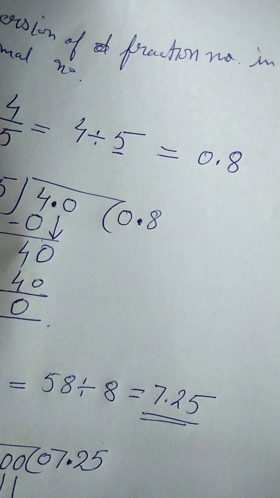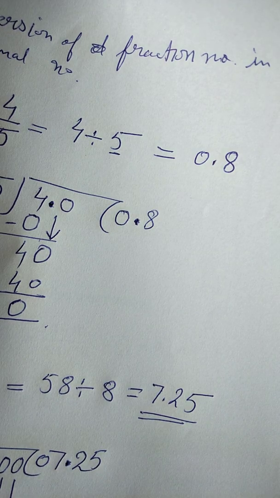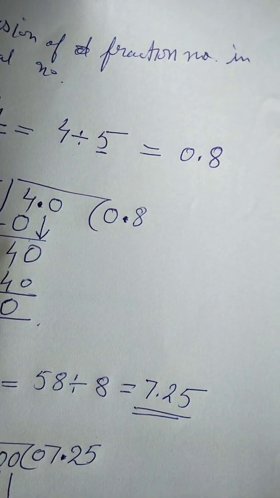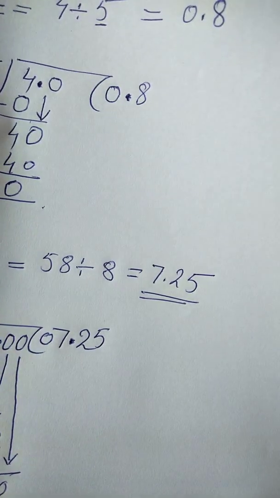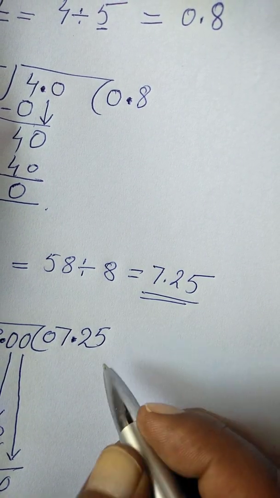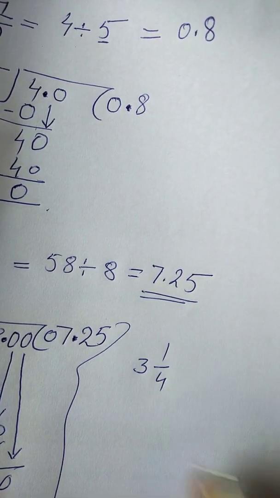So well students, in this way we can convert a fraction number into decimal number. Now let us suppose I have a mixed number instead of a fraction number. So how can I convert the mixed number into decimal number? Let us take an example. 3 whole 1 upon 4.